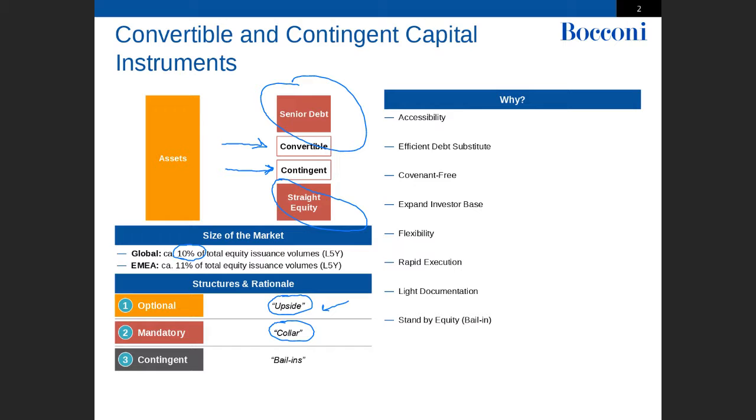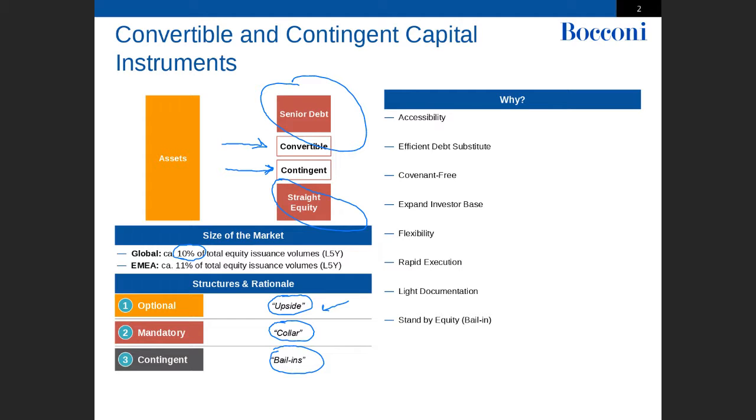And then you have the third category, contingent capital, which is very much related in nature to the quality of the capital buffer for regulatory purposes.